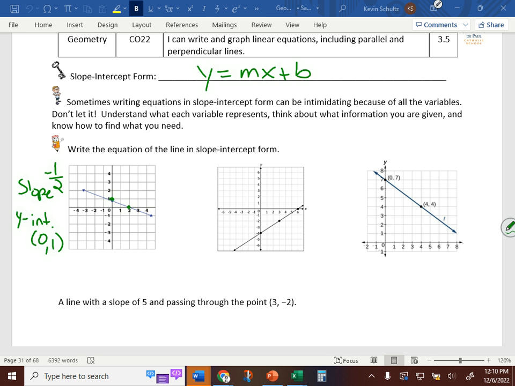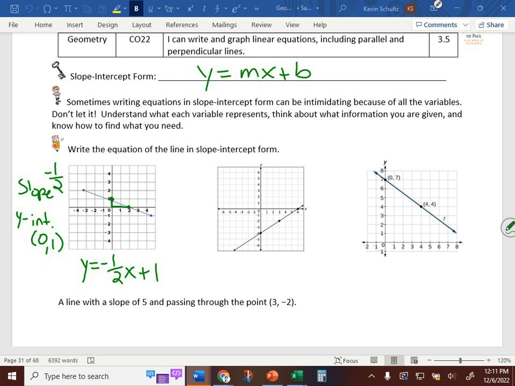Our y-intercept is at positive 1. That's where it crosses the y-axis. And our slope from that point, we go down 1 over 2 to get to the next point, right? And so our slope is down 1 over 2, negative 1/2. Our y-intercept, 0, 1. We put those things together in slope intercept form, and we get y equals negative half x plus 1.